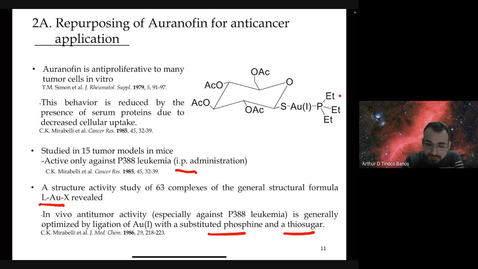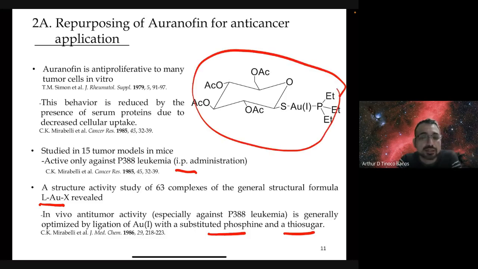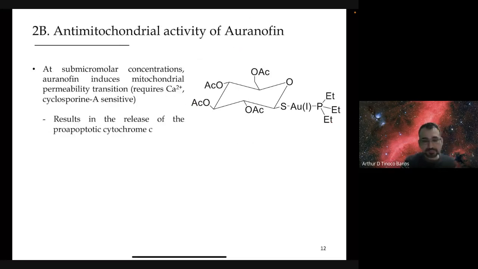Auranofin falls very nicely into that category, because you have a substituted phosphine and a thiol sugar coordinated to the metal center. So this suggested that something about that type of coordination had the most potency against the set of cancers that were examined.